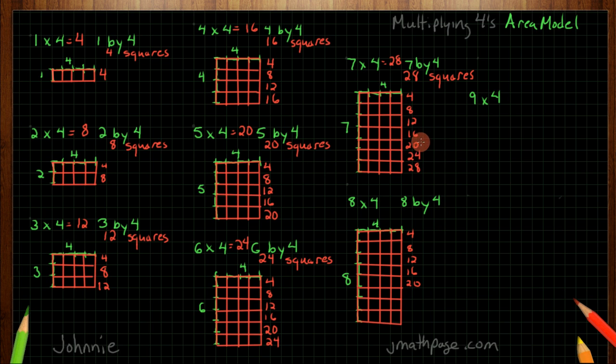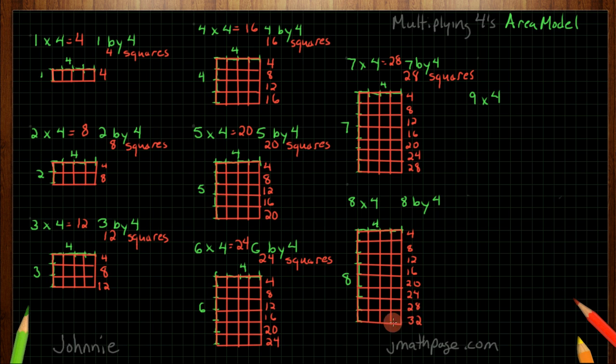The 6th row, 1, 2, 3, 4, 5, oops, lost track. 1, 2, 3, 4, 5, 6, 24. The 7th row will have to be 28. Now we have to add on that last row, right? 28, 29, 30, 31, 32.